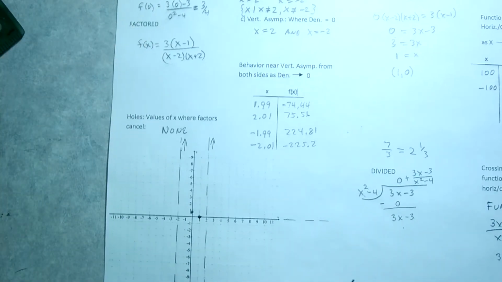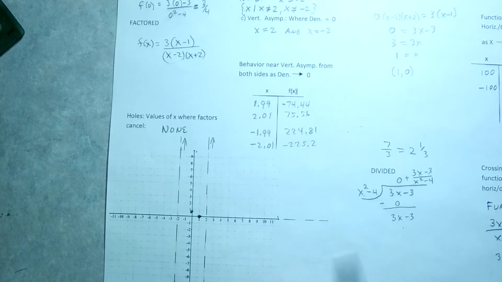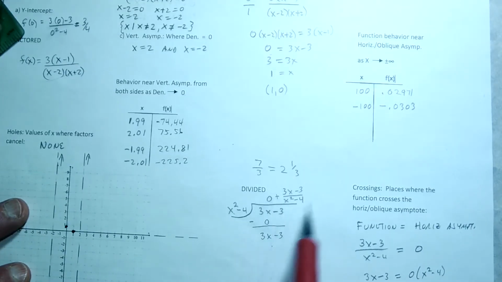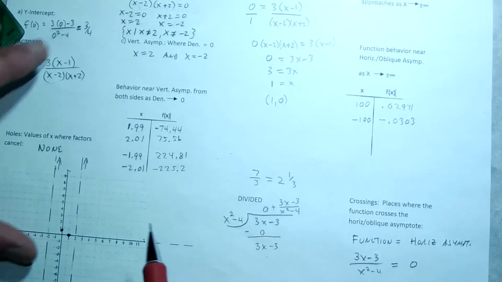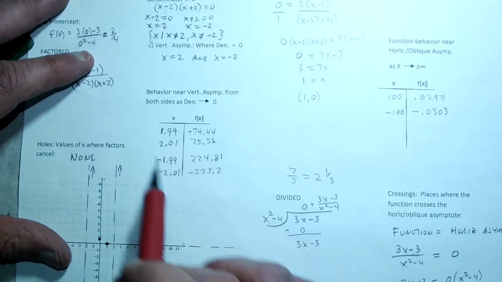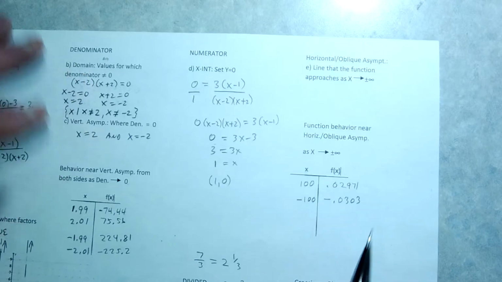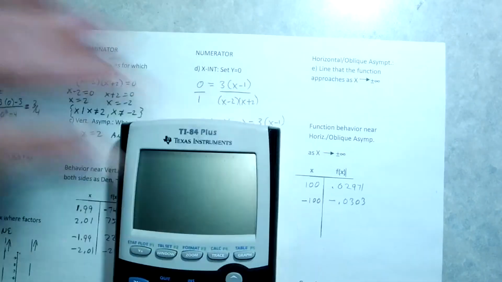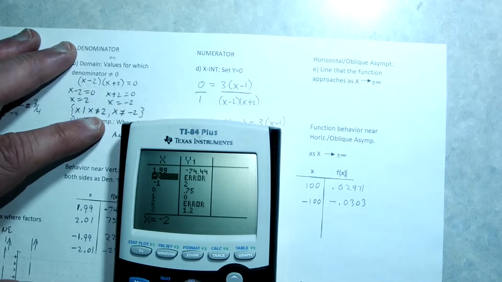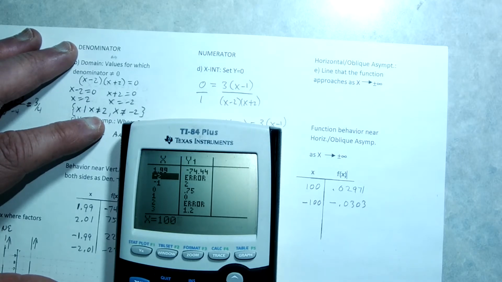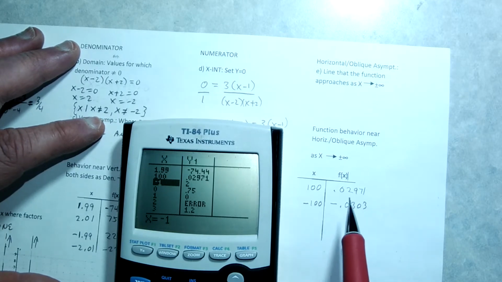Okay, so let's just go ahead and prove it. I showed you what I anticipate happening with our function, but let's throw some values in there, much like we did in looking at the behavior near the vertical asymptotes. So when you put big values in here for x, like 100, and again, I'm just using my table feature, if I put 100 in there, you'll see how I got that value that I already have recorded right here.